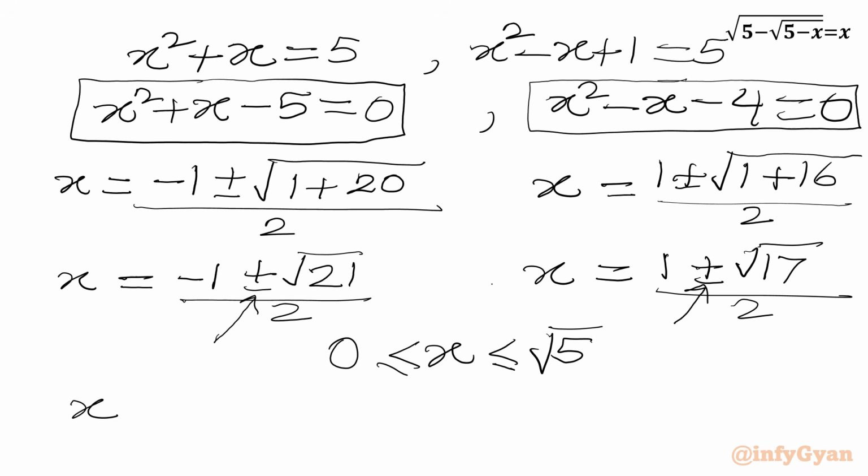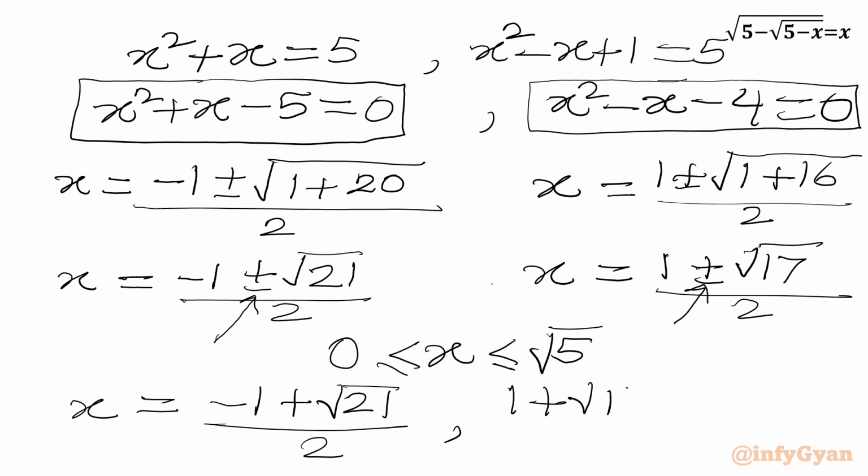We will write x equal to minus 1 plus square root 21 over 2, and second value would be 1 plus square root 17 over 2. Negative x is rejected. Now we have to check what is the value of 1 plus square root 17 over 2. So we will use calculator and find value.